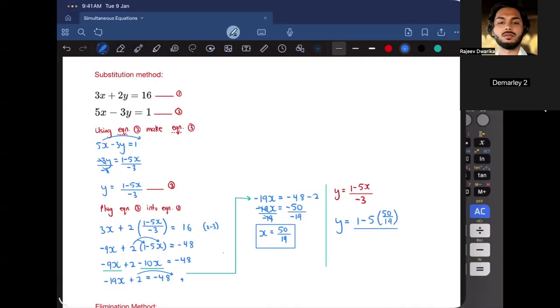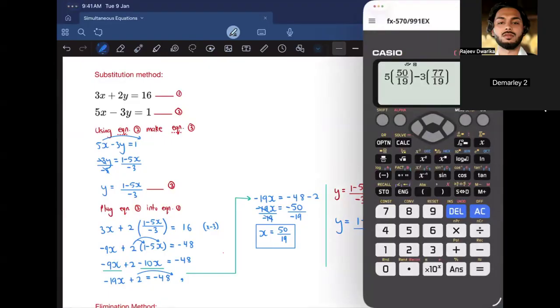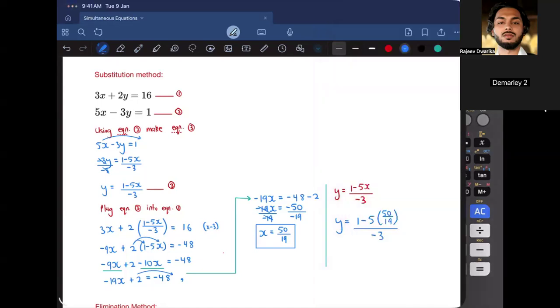Just confirm again, with the calculator you have, you could plug in fractions exactly like you're seeing on the screen? Yes. Okay, it shouldn't be hard then.